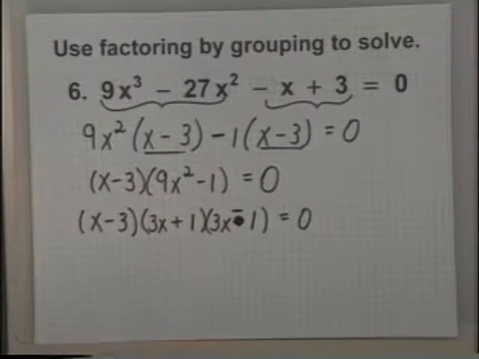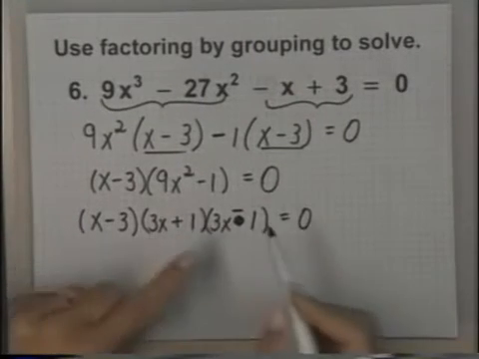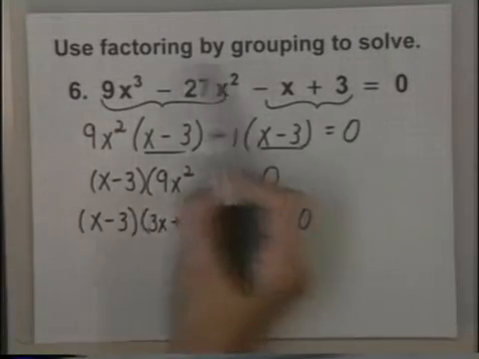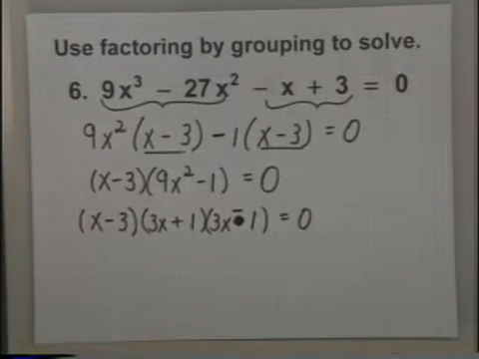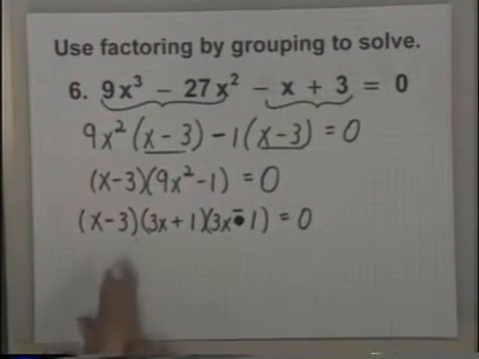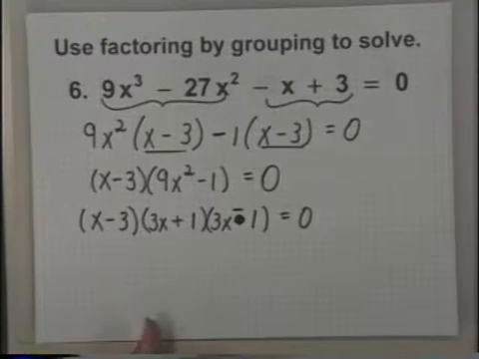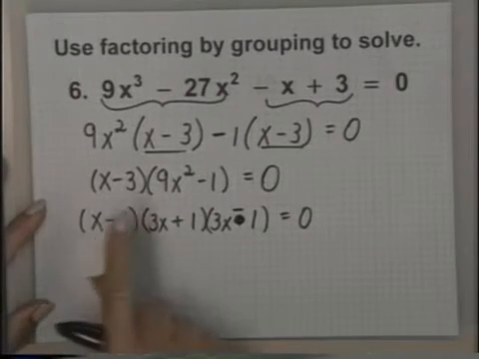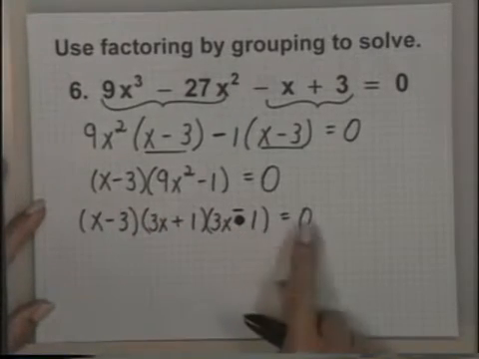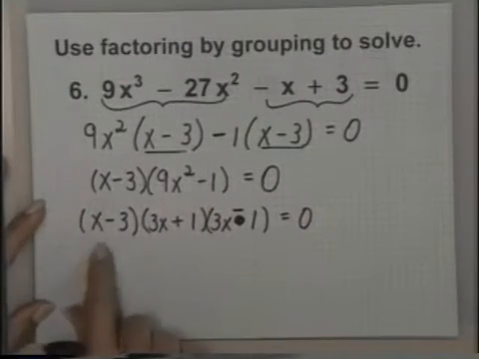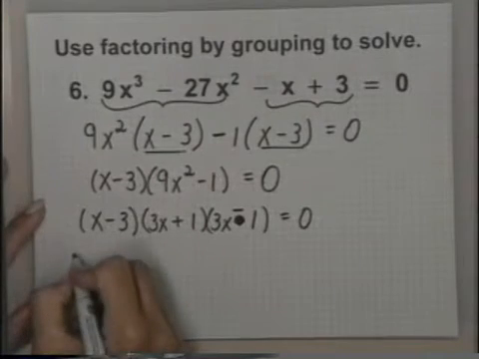Now, are my factors prime? Well, 3x plus 1 is prime, and 3x minus 1 is prime. So I have taken the left side of this equation and I have it factored into prime factors. Now, this time I have 3 factors, but because they equal 0, I can extend my zero product theorem and say if this factor times this factor times this factor is equal to 0, the only way that can happen would be for one of these to equal 0.